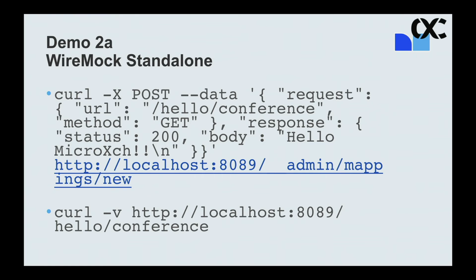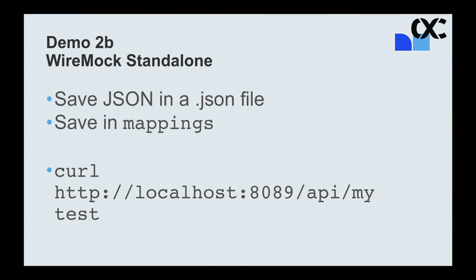Or I can save it as a JSON in a JSON file, and I save it inside WireMock. So I already made this JSON file, and I saved it in the mappings file. So now I'm going to call this other URL, which is called API my test, which is what is specified in this JSON file.